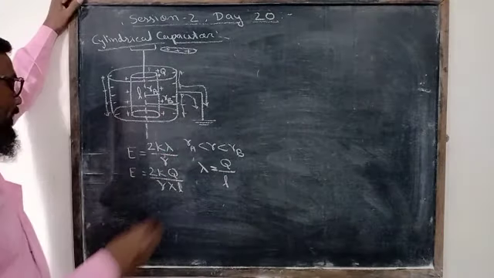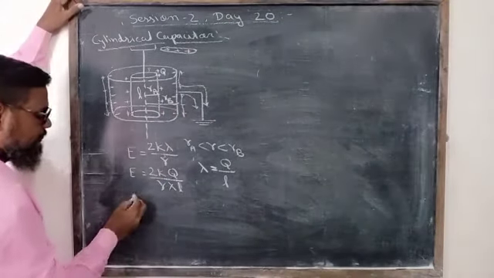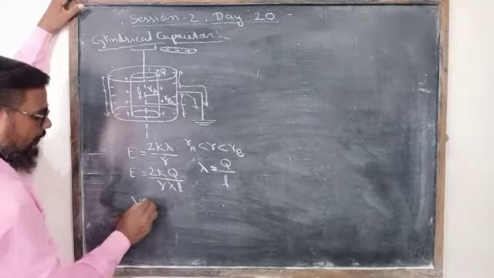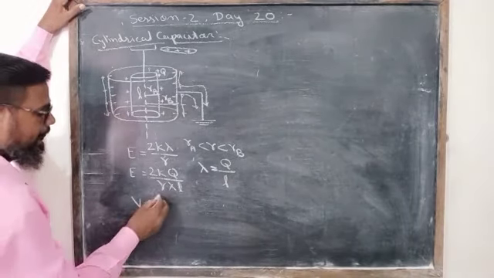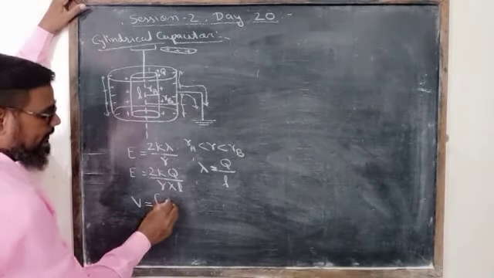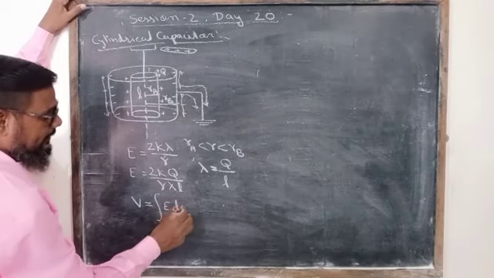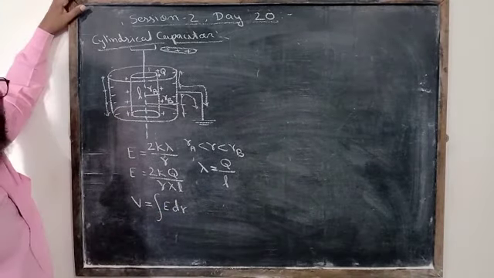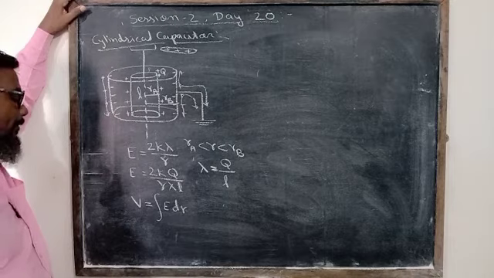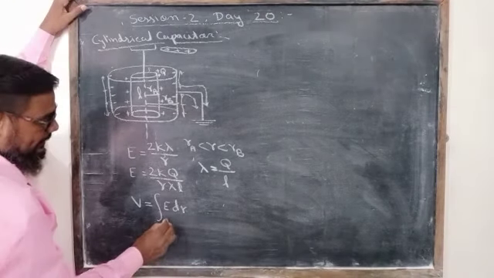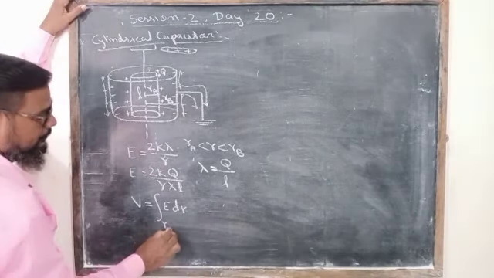Now we know that V is equal to integral E dr, because E is equal to dV upon dr, and the radii are from RA to RB.